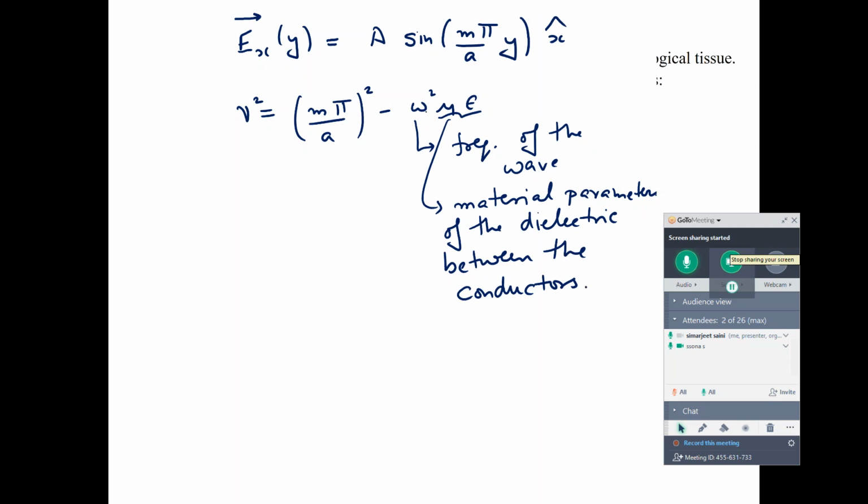Omega is how fast I am jumping up and down, how fast I am changing my field, how fast my source is changing in time.